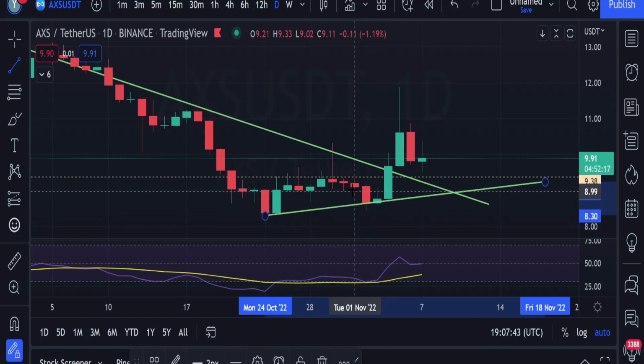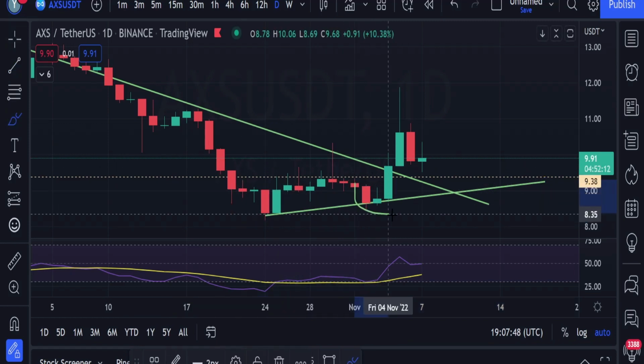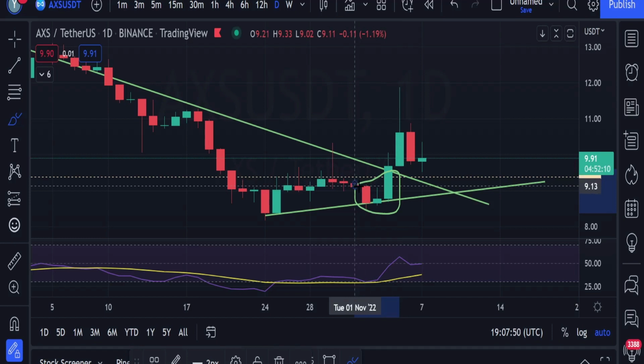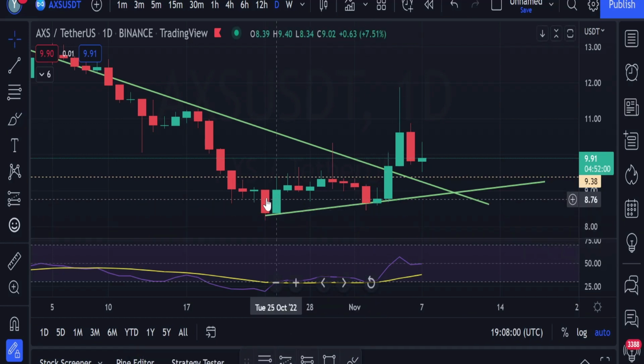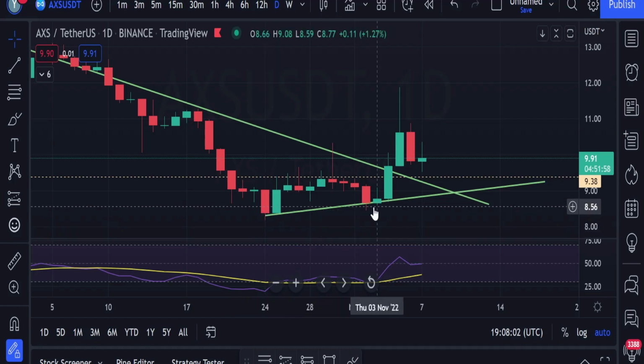So this pattern itself is called the morning star pattern. You don't have to know the name. I don't like to name these patterns. It's just a way to confuse you. It doesn't matter. You just want to see a rejection of a zone, right?